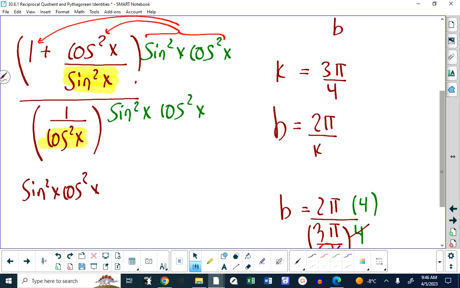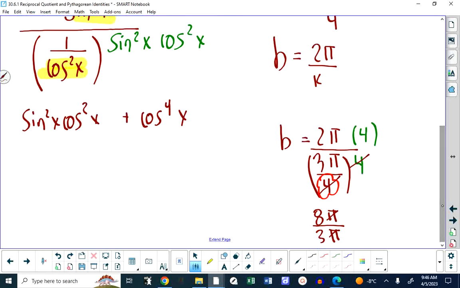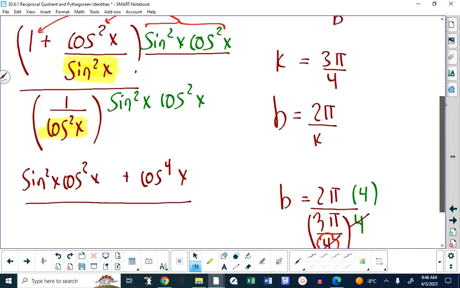And then I'm going to have sine squared x cos squared x times cos squared over sine squared, and the sine squareds will cancel there, giving me cos to the 4 of x. This is over, on the bottom, the cos squareds cancel and I'm left with sine squared. Is the answer to this 1, by the way? It's not. Okay.